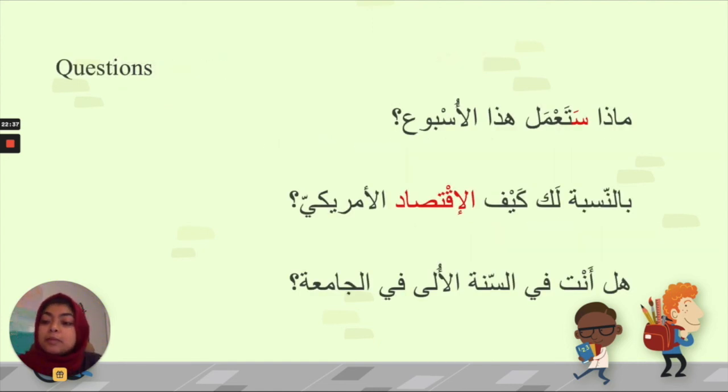Okay, let's practice some questions. These are questions that I'd like you to practice. Practice saying them, asking them, and answering them. ماذا ستعمل هذا الأسبوع? If you're asking a woman, ماذا ستعملين هذا الأسبوع? So now we're using sa and the verb تعمل. So what will you do?